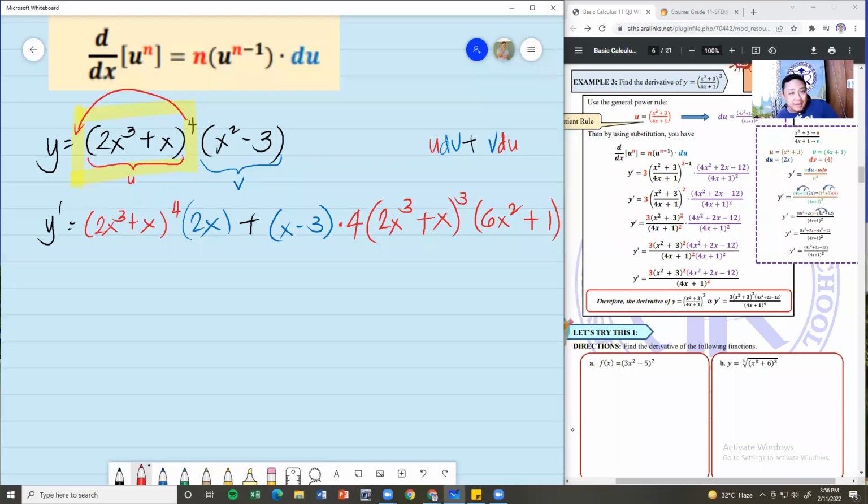Get it? This time, we just applied the general power rule or chain rule at the du part. Okay? Okay na? Okay. After that, let's simplify things here. So we will have y prime equal to this one.